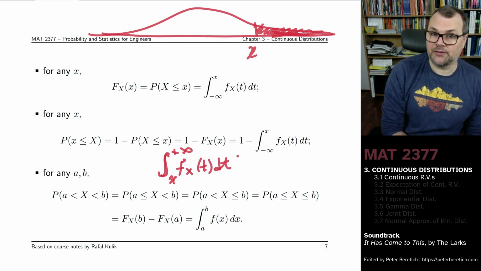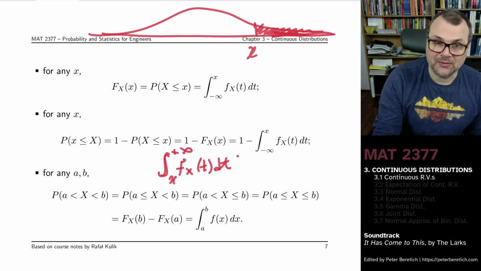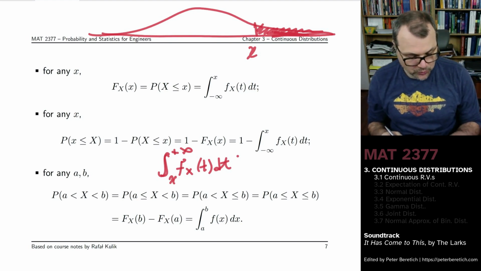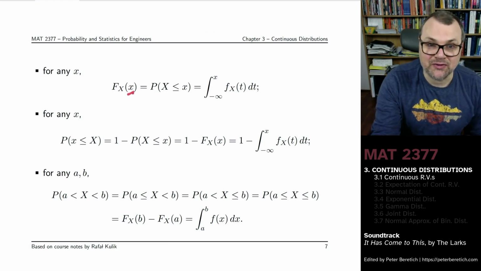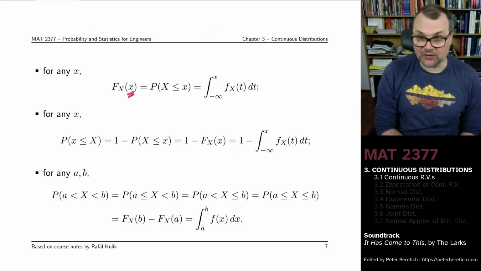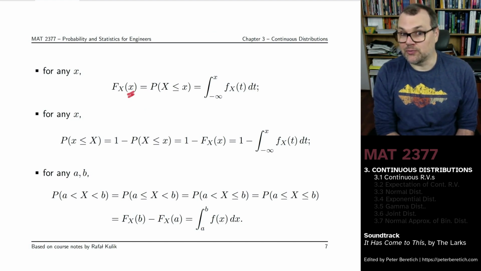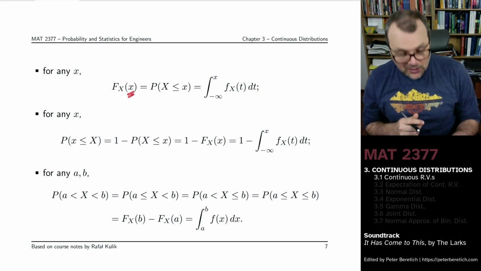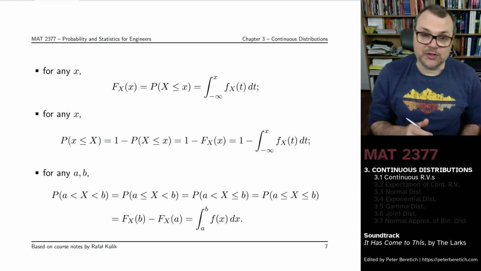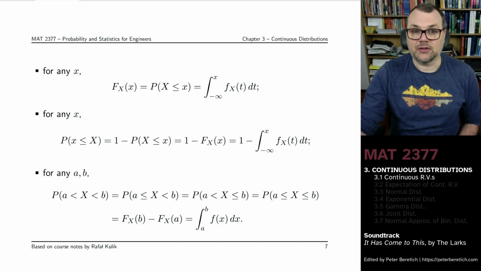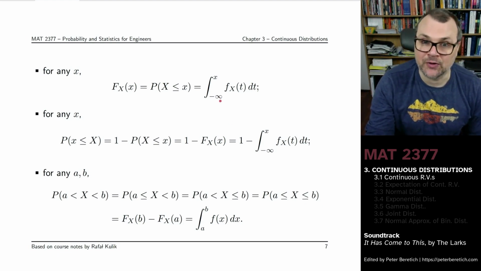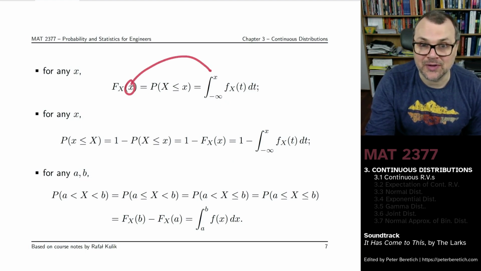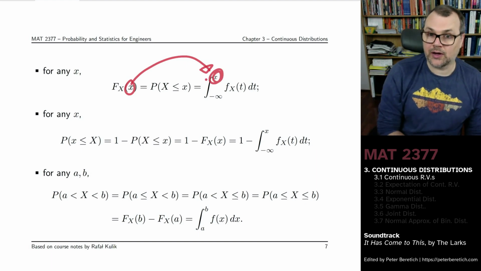of the PDF. Notice something here when we speak about the cumulative distribution function, the CDF. We want to use x as our variable to be consistent with the fact that we're using it as a variable for the PDF. Well, if you're going to be using the fundamental theorem of calculus to compute this cumulative distribution function, remember, you're computing the area under the curve from minus infinity to x, and the x actually becomes one of the bounds of integration.